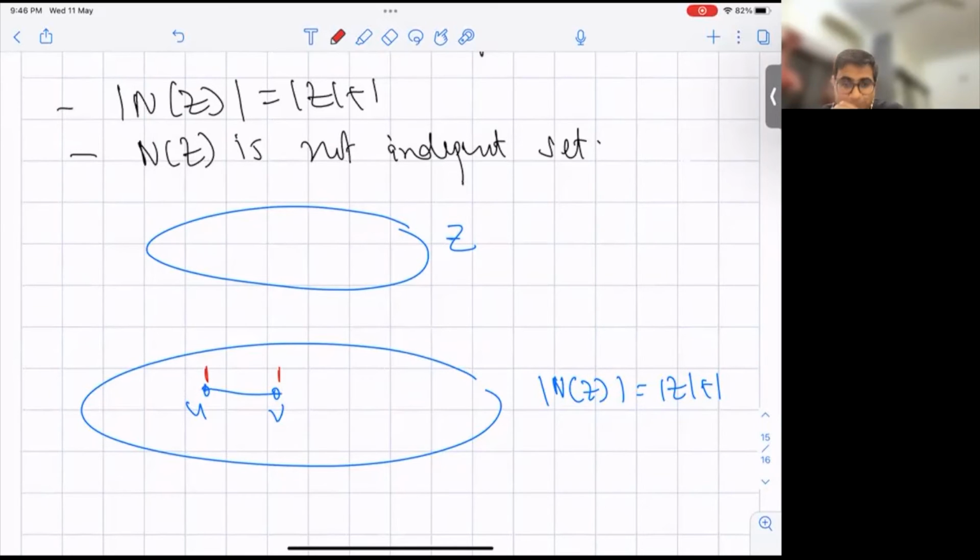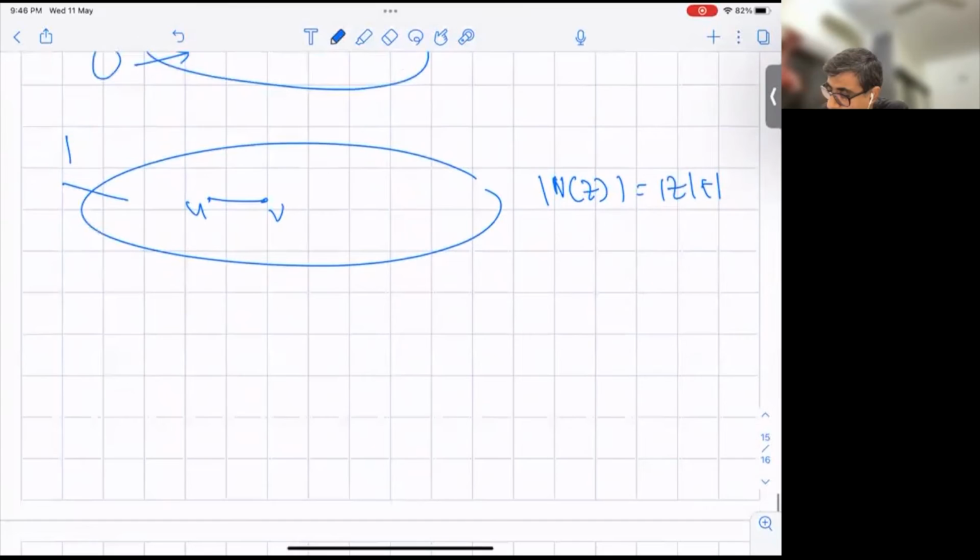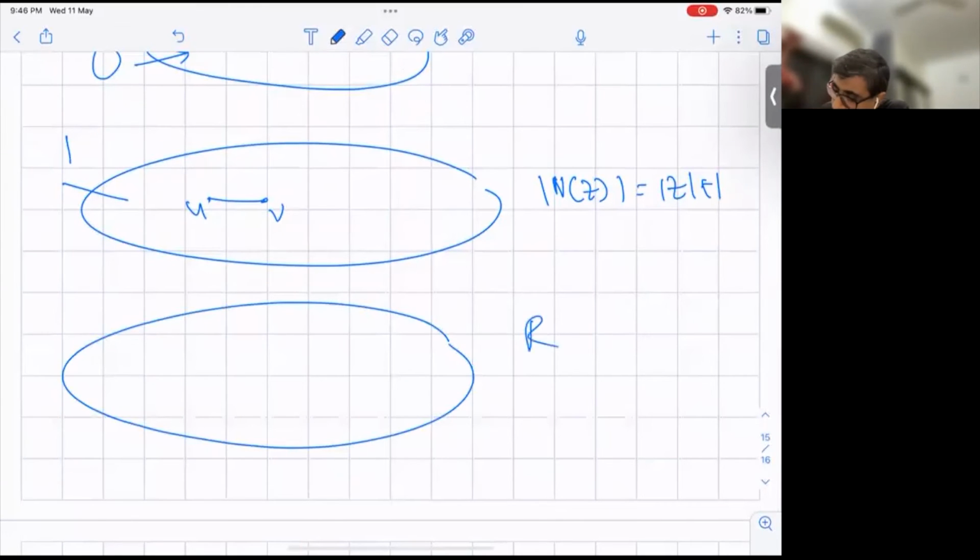Rather, let's say suppose we had such a set. Let's see if I assign all these vertices to be 0, all these to be 1, and the rest I just assign to be half.